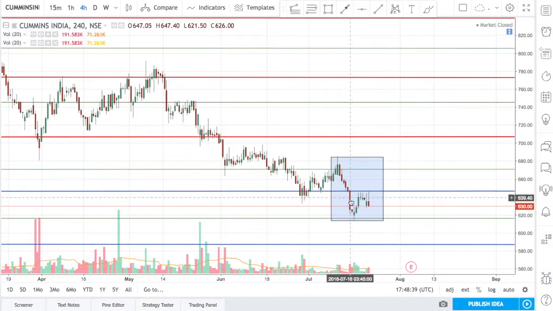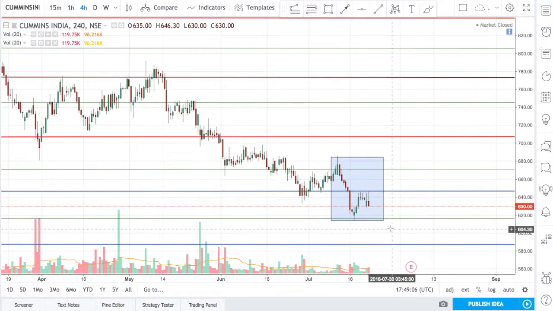We have a lower low closing from this support level. Although the closing on the second candle is not below the low point of this candle which broke through the support here, we can still feel convinced because of this strong candle.